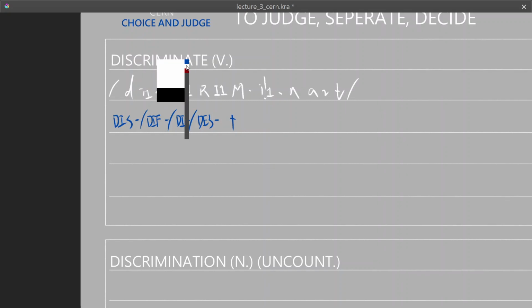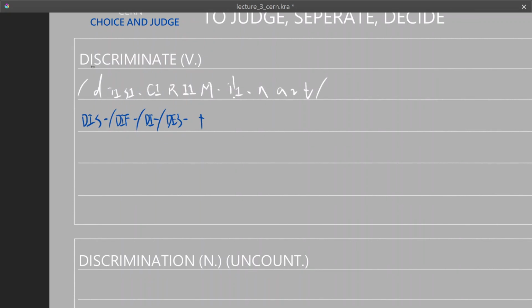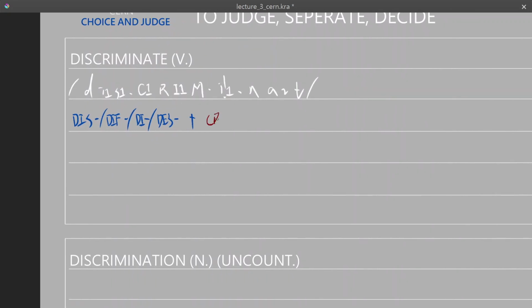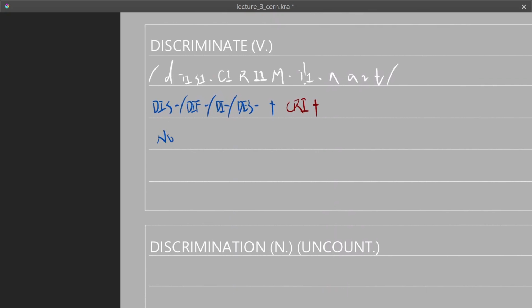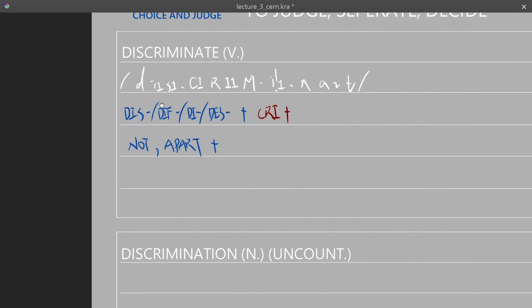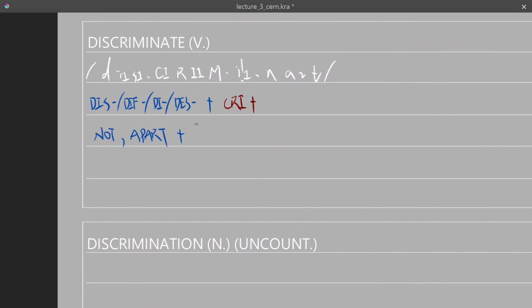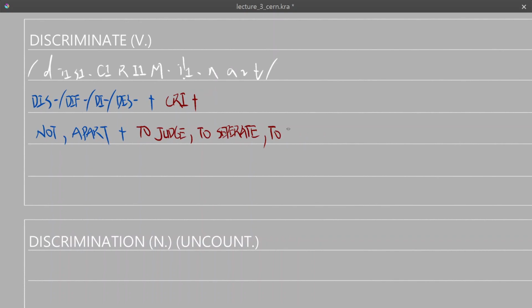And we have the root, which means to judge, to separate, to decide.